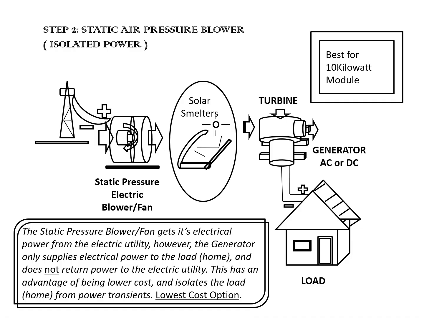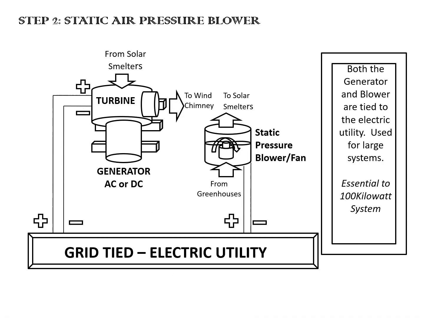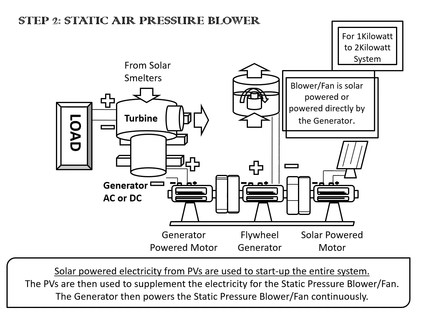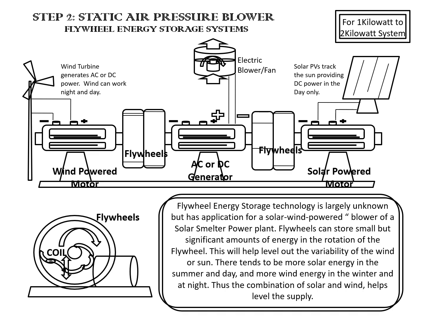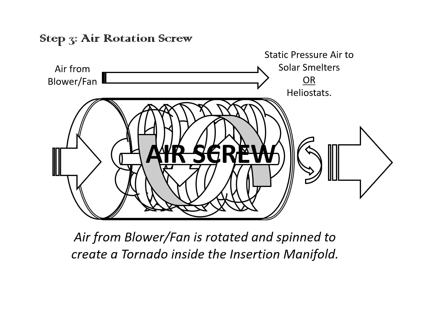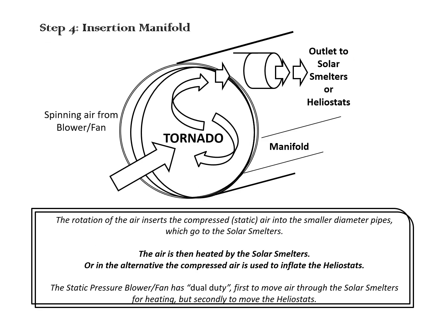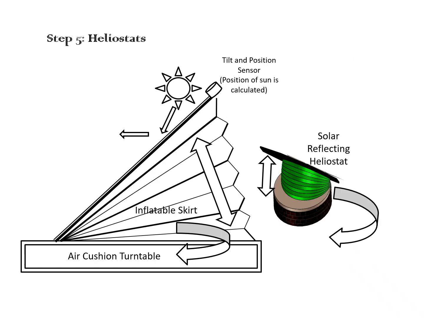So basically the idea is I tie the solar power plant to the existing utility. Flywheels can be integrated to stabilize pressure, and you can generate AC power off the flywheels. Anyway, what I like doing is creating turbines, creating tornadoes, and then I spin the hot air.